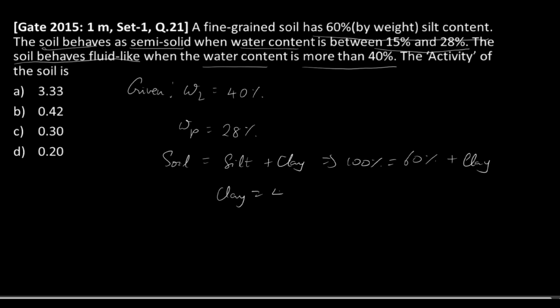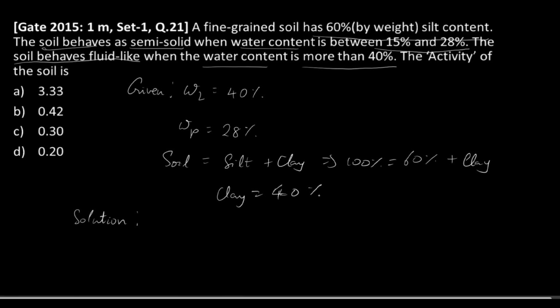Therefore, clay percentage will be equal to 40 percentage. So these are the given data which have been found by us. They have given them indirectly. So now they have asked us to find out the activity of the soil.